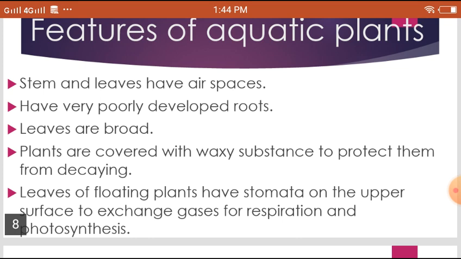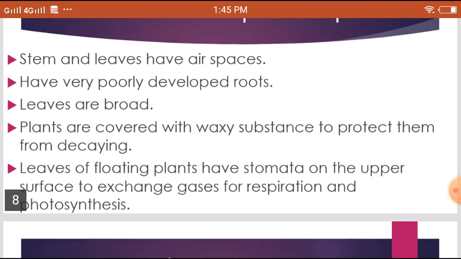These plants also have broad leaves, and all the parts of aquatic plants are covered with waxy substances which protect them from decaying. And the leaves of floating plants have stomata on the upper surface. The stomata help to exchange gases for respiration and photosynthesis. So these are the features of aquatic plants.